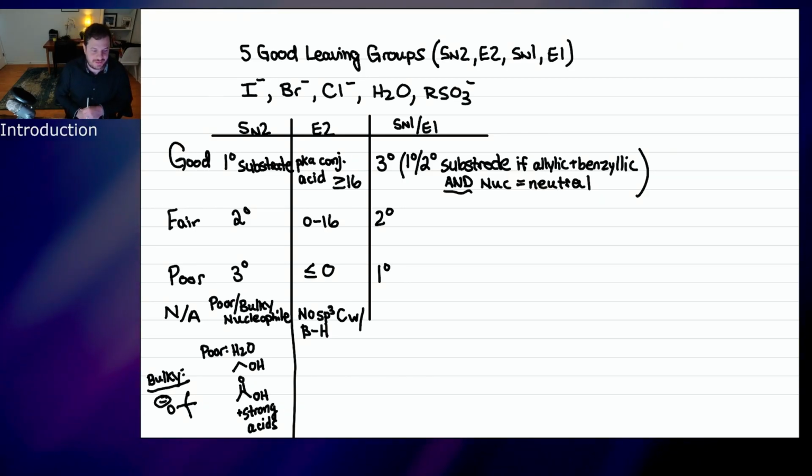That is a way that the SN1/E1 column can be good. Similarly, it can be fair with a primary or secondary substrate if allylic or benzylic, if the nucleophile is negative.